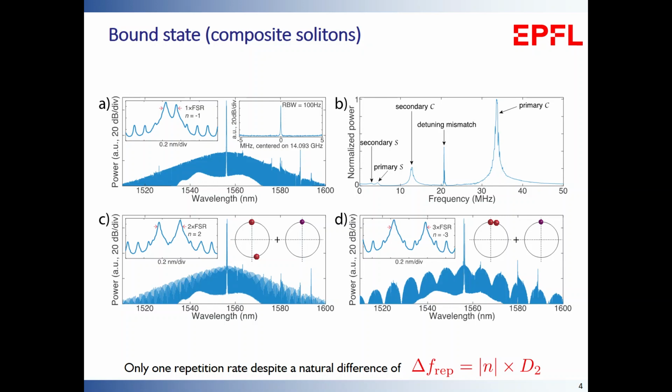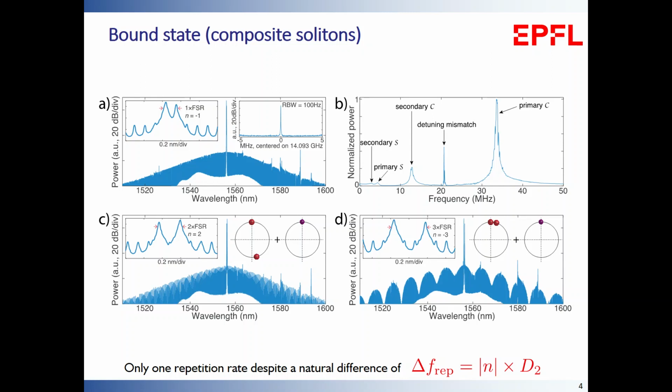First of all, we set these two lasers to pump two neighboring resonances, and then we increase the frequency gap between these two lasers to two resonances, three resonances, to two FSRs, three FSRs, which essentially increases the number of periods in the sine wave in the intracavity round trip, right? So what do we see here?